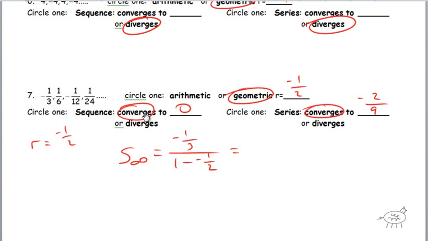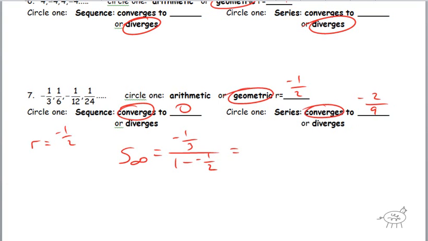So I tried to give you an example of each one: where it's arithmetic, where it's geometric, where r is equal to 1, where r equals -1, r is between -1 and 1, and r is greater than 1 or less than -1. I tried to give you a scenario of each one of those to hopefully help you understand what's going on with the sequence and the series as n goes to infinity.